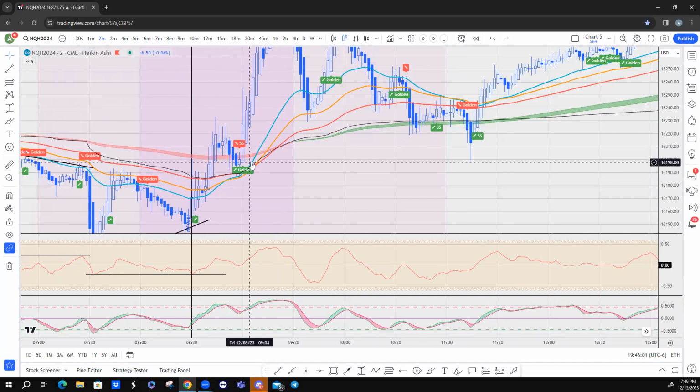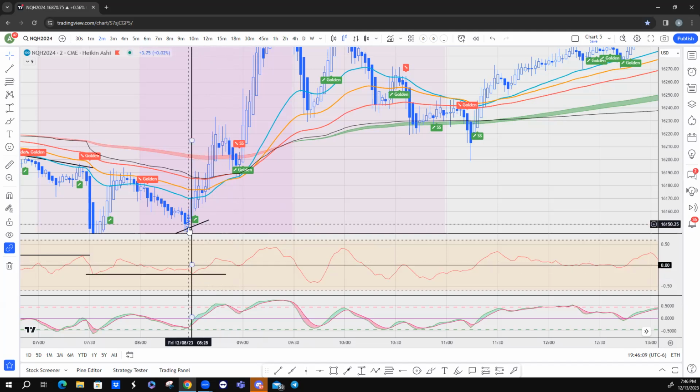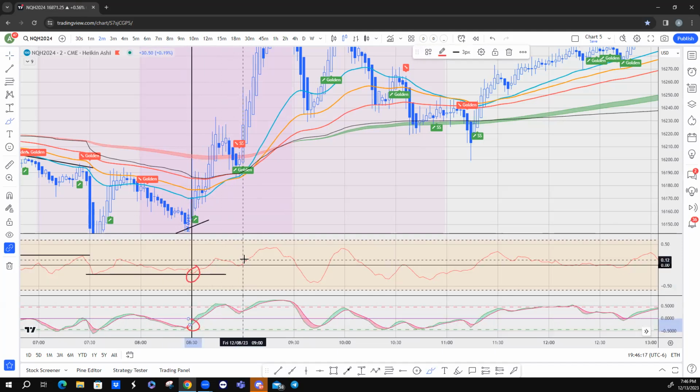Okay. And I can also look at my oscillators and I can easily see that the momentum from this area right here and this area right here shifted upwards, going above the zero line. Okay.